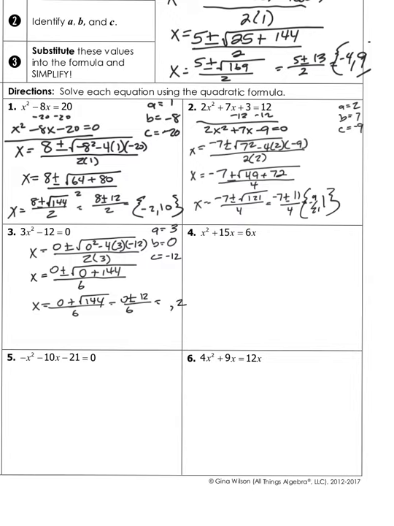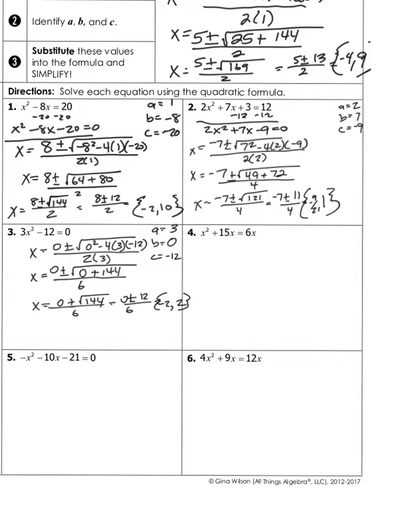And 0 minus 12 is negative 12 divided by 6, which is negative 2. So the solutions to this quadratic equation using the quadratic formula are negative 2 and 2. That is where that graph crosses the x-axis.